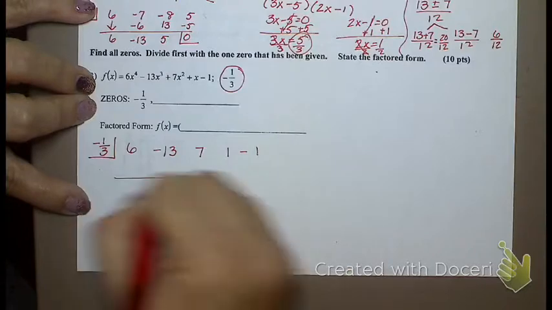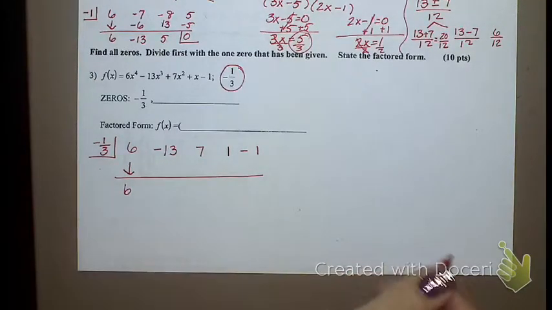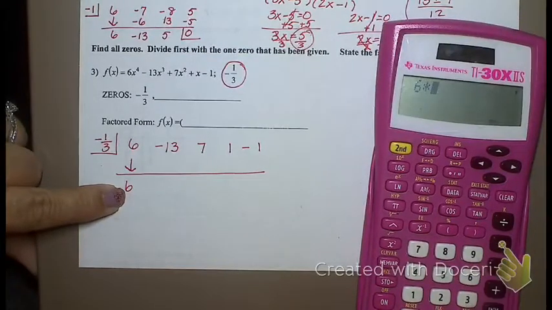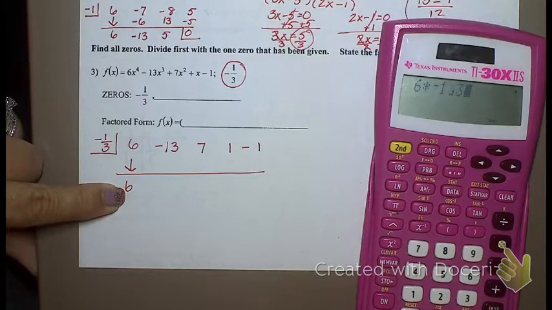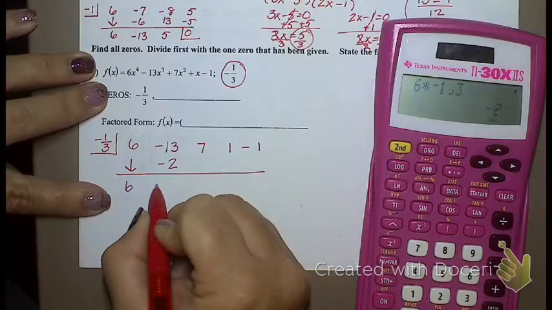Bring down my 6. If you want to be using your calculator, the one with the fraction button, because some people might not be as confident with their fractions, then you're going to do 6 times negative 1, fraction button 3, and I get negative 2. Negative 13 and negative 2 is negative 15.